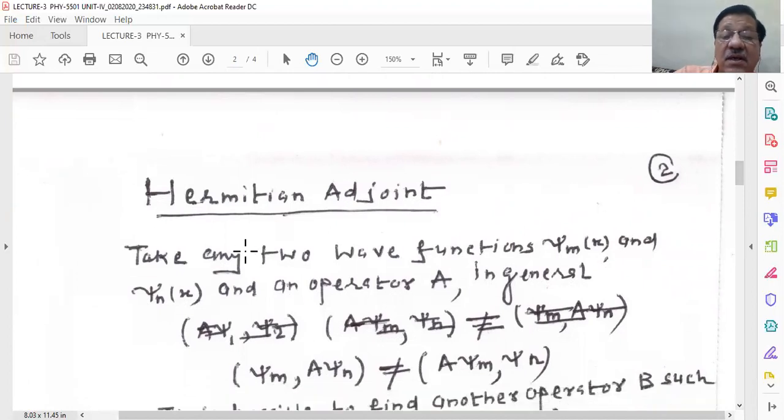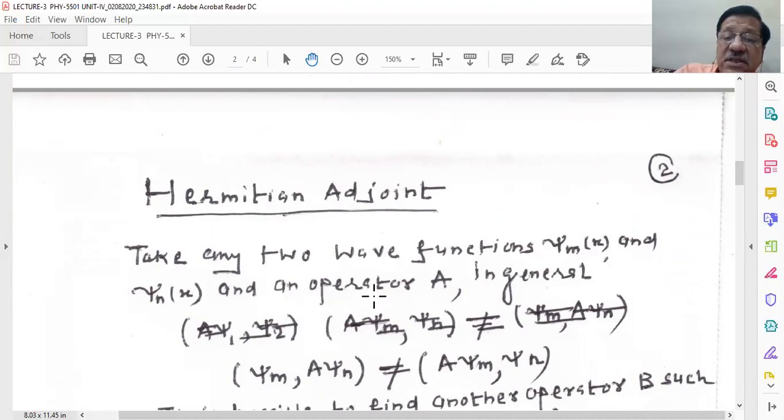What do you mean by a Hermitian adjoint operator? So let us consider two wave functions, ψ_m of x and ψ_n of x.